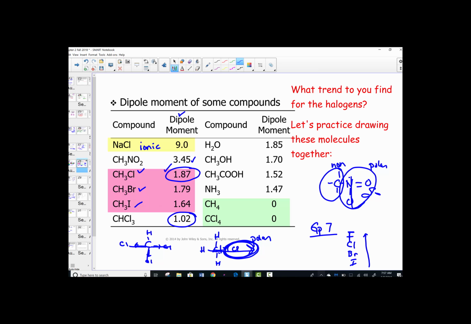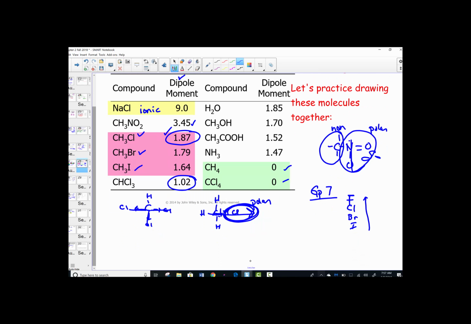Here we have some OH bonding: water, methanol, and a carboxylic acid. We can see the trend here. And then, of course, completely symmetrical molecules, 0. So when we think about, is it polar or not, I think symmetry. Here's a hydrogen attached to nitrogen, 3 single bonds, making a molecule called ammonia.